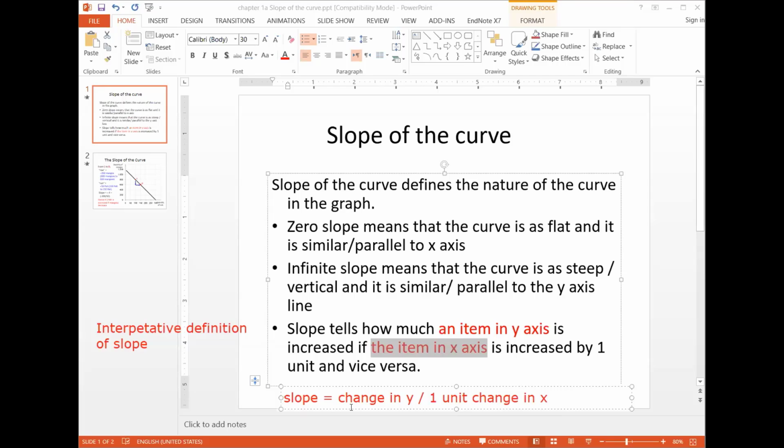So how much will there be a change in y? That change is called slope. So this is where we answer. Let's say the unknown is z. So that number is slope. So change in y over change in x.